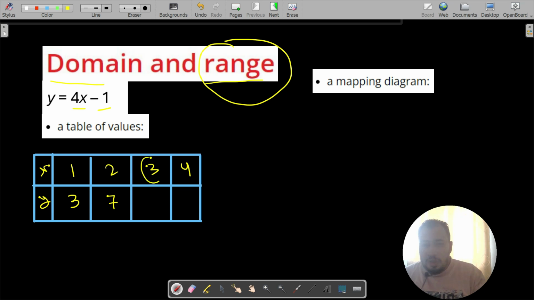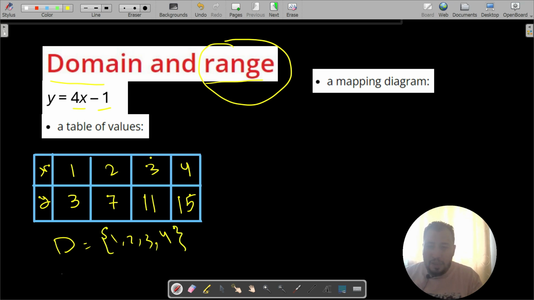Substitute with 3: 4 multiplied by 3 is 12, minus 1 is 11. And the same thing here is going to be 15. This is just the table of values. If you have this table of values and I'm asking you to write the domain and the range, you will tell me, Mr., the domain is 1, 2, 3, and 4.